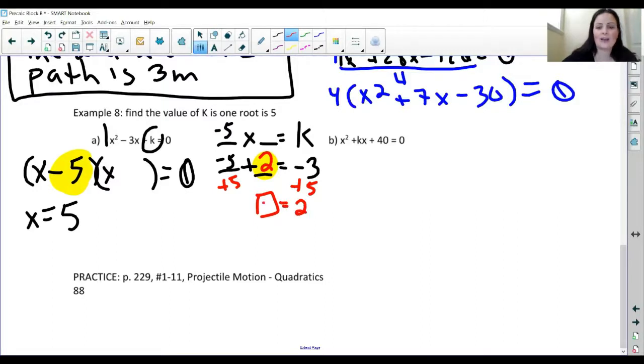So that's how you would find that this number has to be a 2. I'm just going to erase this because of space issues. Okay. So that means that this number also has to be a 2. So what will k equal? K will equal -5 times 2, which means k will equal -10.